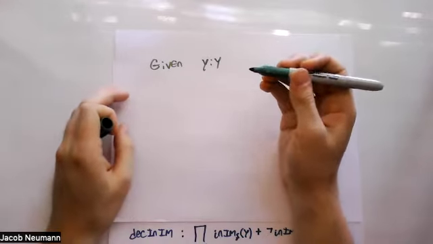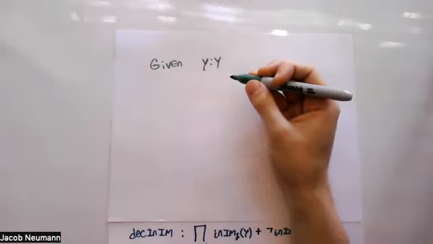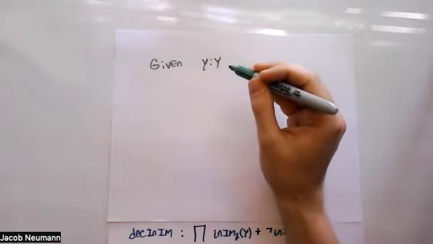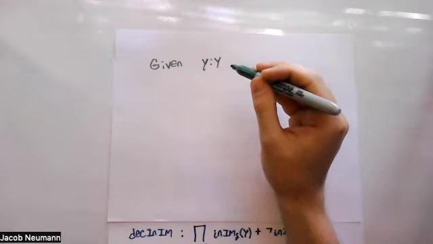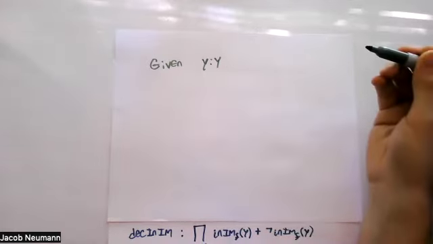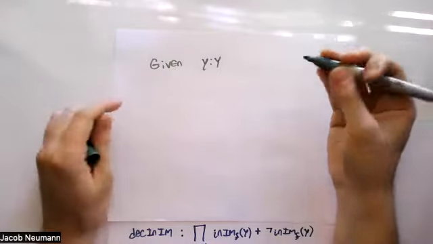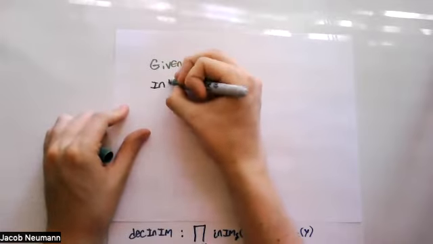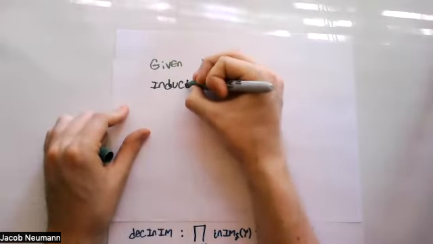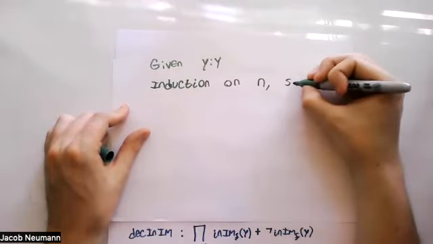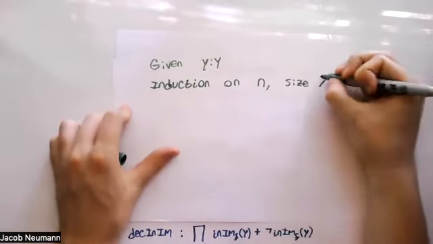Yes, so we have this y, and we want to show something of this type given the f. And so what we're going to do is induction on n, which is the size of our X.